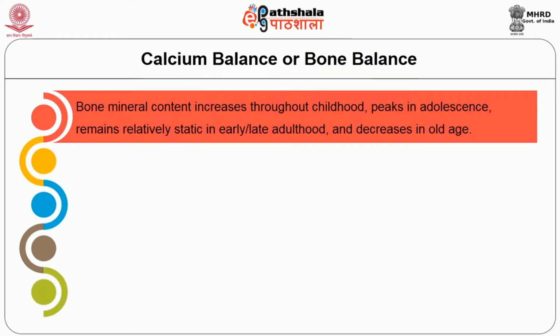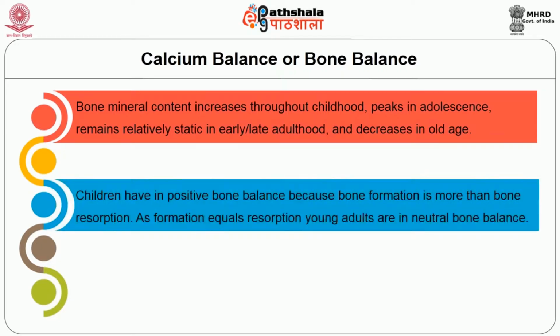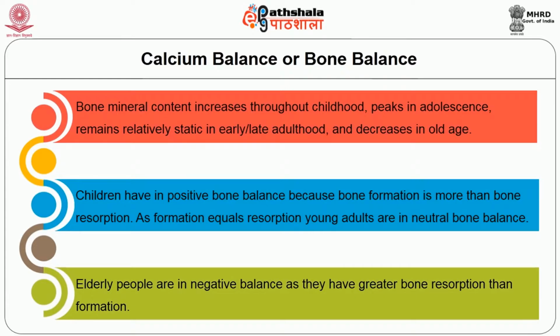Bone mineral content increases throughout your childhood, it peaks in adolescence and remains relatively static in early or late adulthood, and of course decreases in old age. Children are in positive bone balance because bone formation is more than bone resorption. As formation equals resorption, young adults are in neutral bone balance.